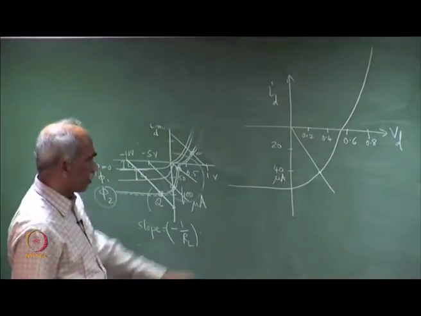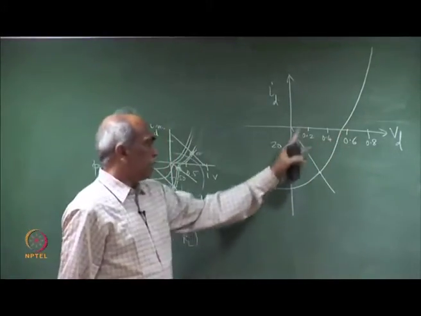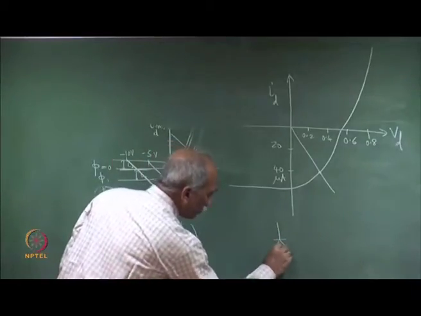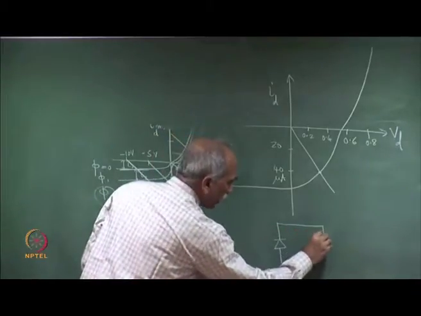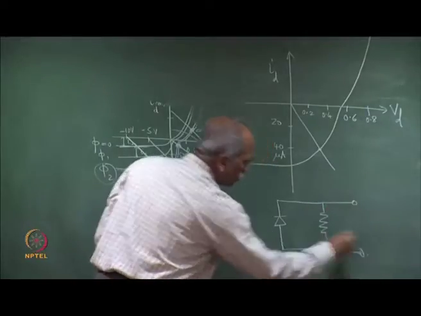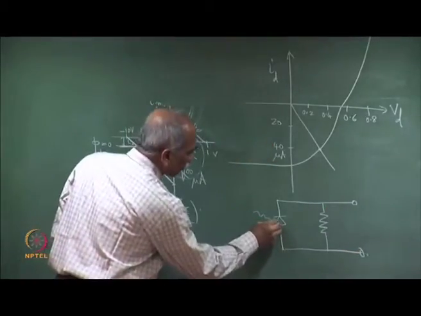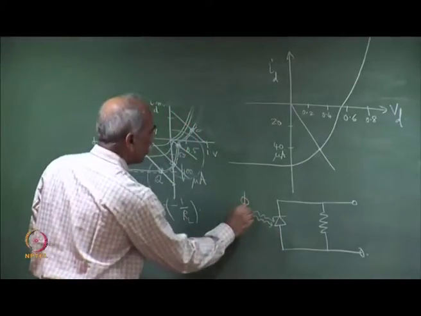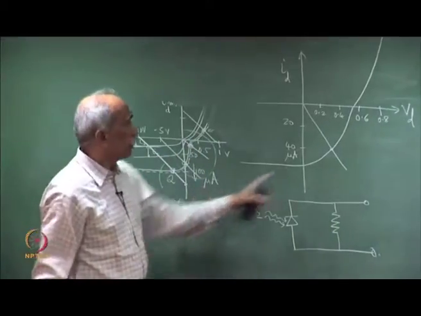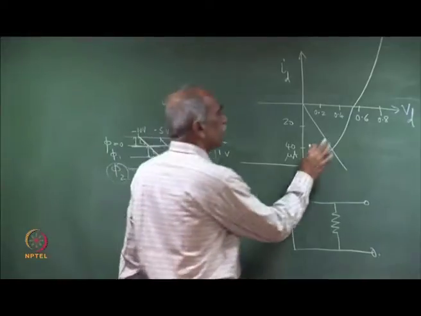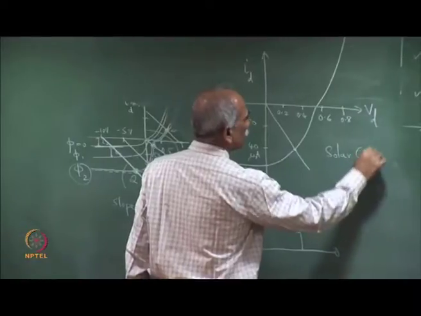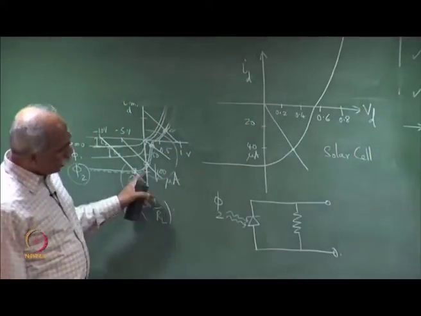So, what does this mean? We are looking at a photodetector, a photodiode here, and a load resistance across it, and incident photon flux phi 2. The same curve I have expanded in this part. So, we are in the fourth quadrant. This is the region of operation of a solar cell. There is no bias applied.